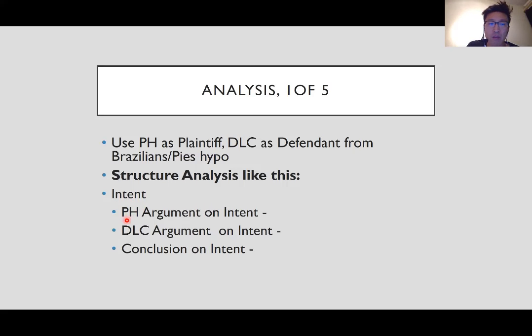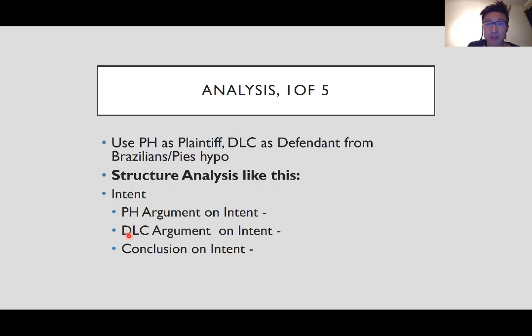You start with intent. Within intent, you start with the plaintiff's argument. Here it's pie haters on intent. Pies don't throw themselves. The sign said, don't look here, but this was some attempt at reverse psychology to draw somebody in just so that they could be in range to throw a pie at, blah, blah, blah, blah.